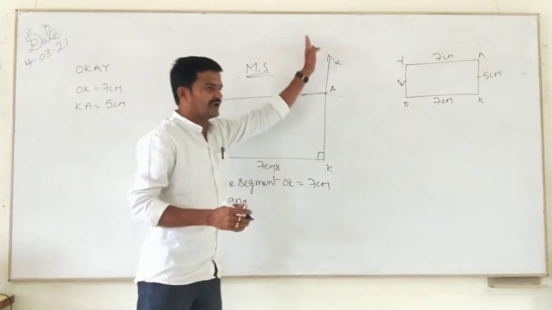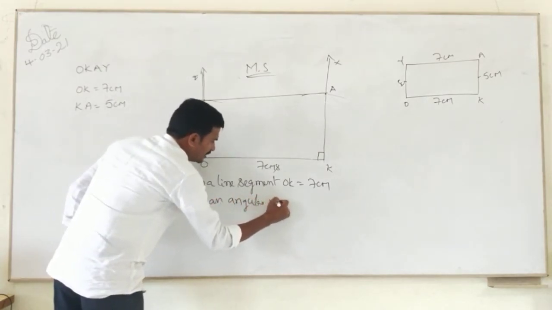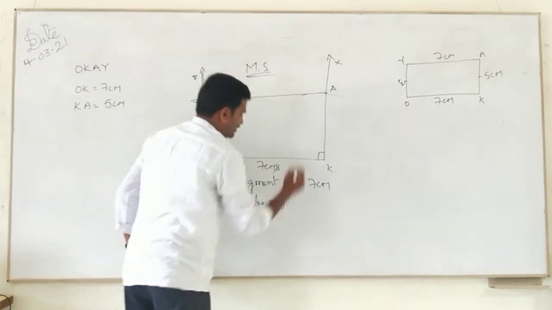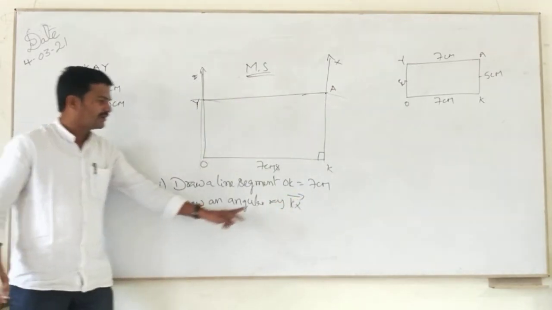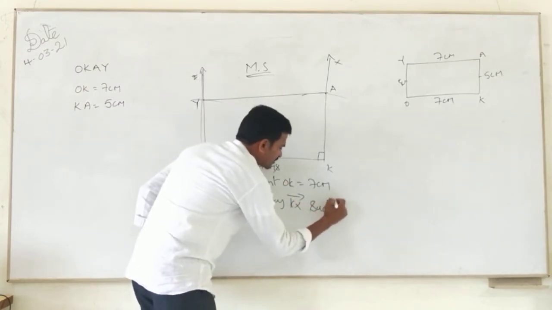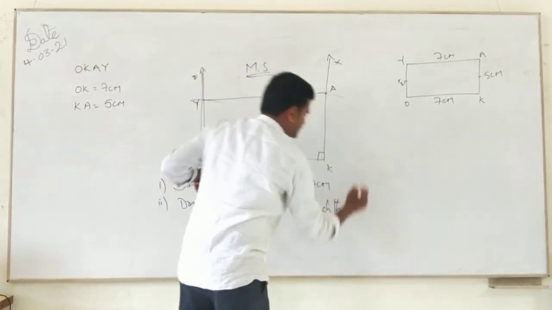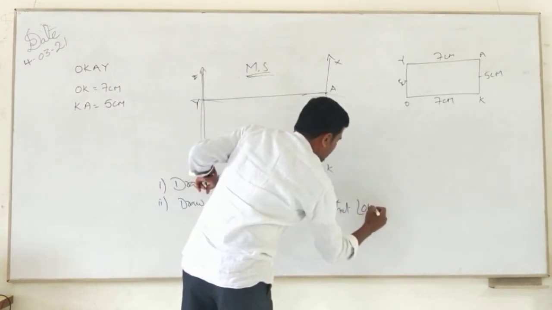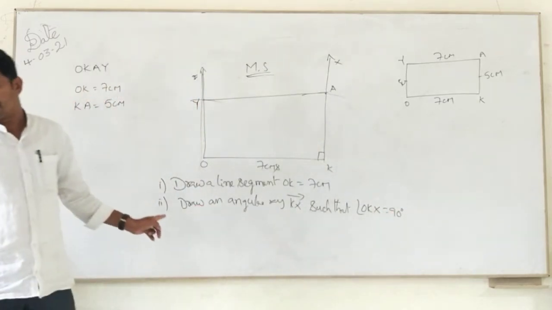First we draw an angular ray, KX, such that angle OKX equals 90 degrees.